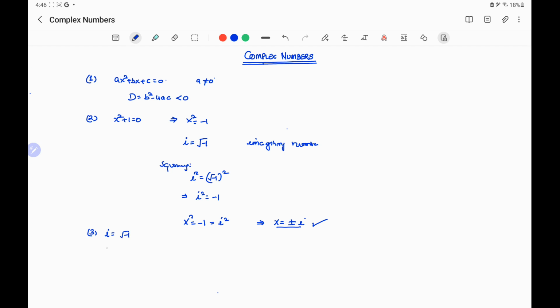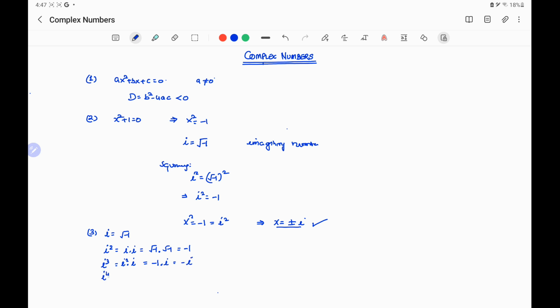On squaring, or multiplying this with i, we will have i into i, and it is equal to root minus 1 into root minus 1. This will give the value minus 1. Further multiplying i square with i, we will have i cube, and since i square has the value minus 1, we get minus 1 into i, therefore i cube will be equal to minus i.